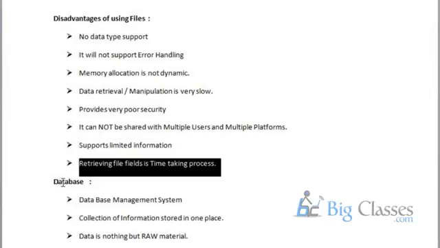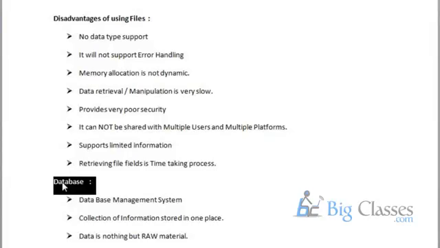Now look, we are talking about the database. I have been telling you a database is a repository of information. So with a database, we have a database management system, that is a program that will organize the data, store the data, retrieve the data, and manipulate the data.